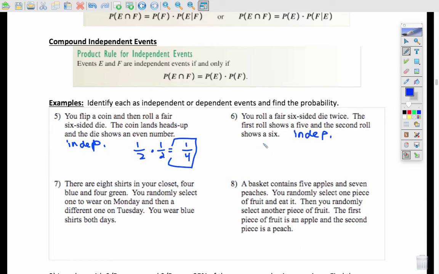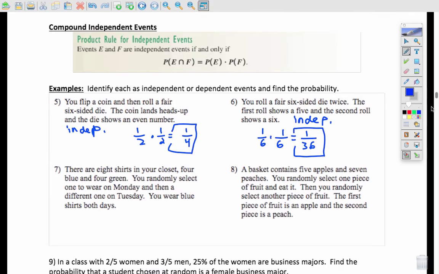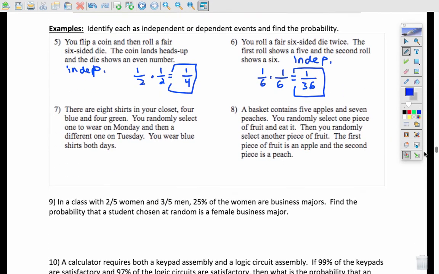The second roll is definitely going to act independently. You could have gotten a 2 on the first roll and still gotten a 6. So the probability of getting a 5 is 1/6. The probability of getting a 6 is 1/6. So the probability of getting that specific outcome of a 5 and a 6 in order is 1 out of 36.